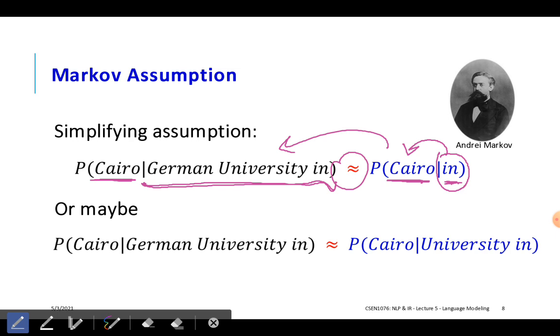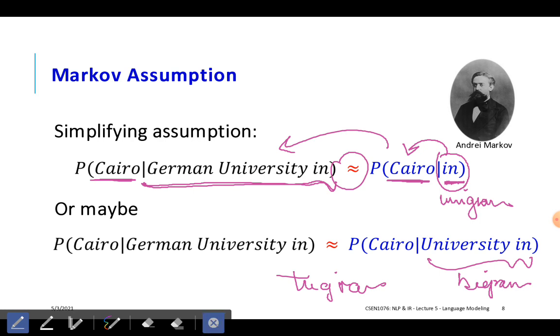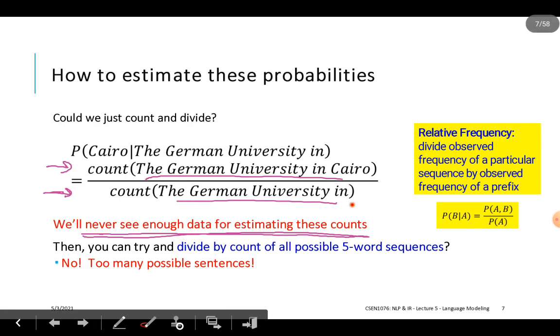Maybe you can make things a little bit better by not using the unigram and maybe using the bigram. And maybe you can make things a little bit even better by using the trigram. But you will see that beyond that, the number of occurrences of a sentence in a text will be very low, so that denominator here is going to be very low as well.